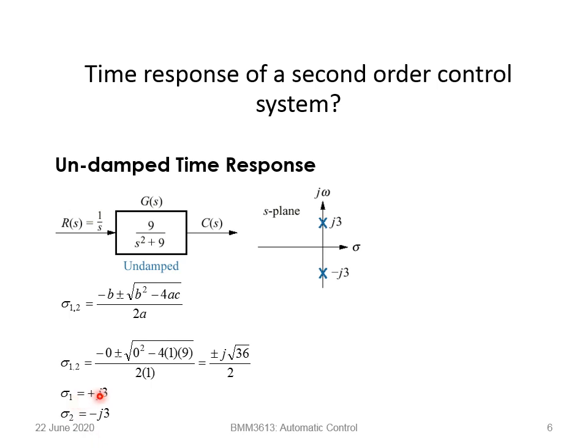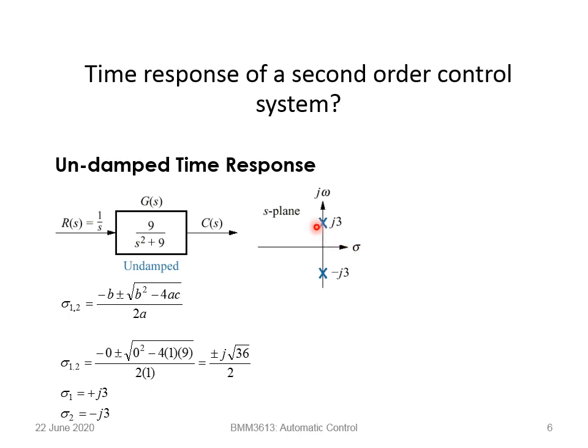The real components are 0, and the complex components are plus 3 and minus 3. So if you plot it on our s-plane, we have the two poles plotted on the j omega axis, and on the sigma axis they are at position 0, right?